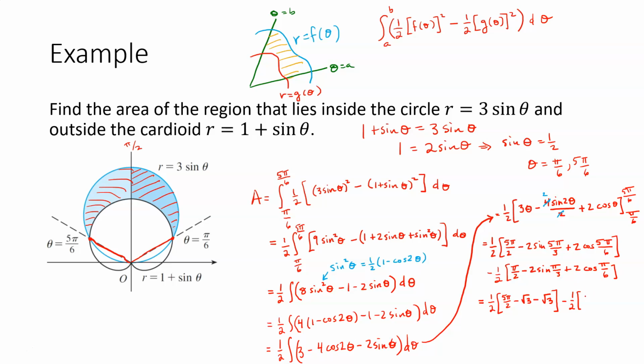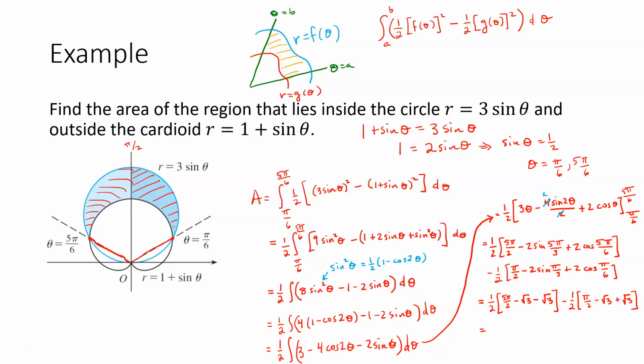And here we'll have pi over 2. Sine of pi over 3 is radical 3 over 2, so that's minus radical 3. Cosine of pi over 6 is also radical 3 over 2, but there will be plus radical 3.